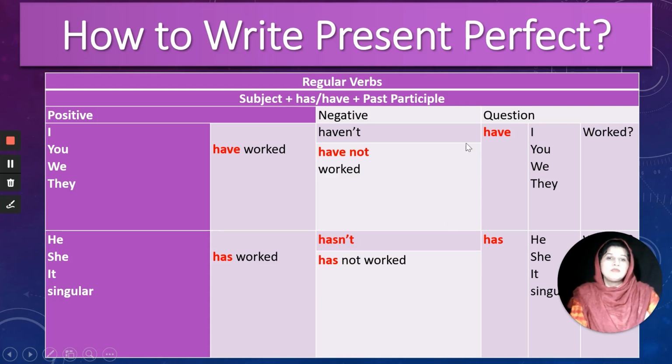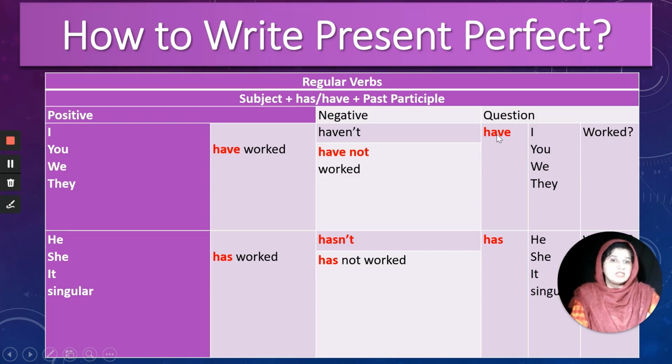So now we'll move towards the question statement, right? How we make the question statement in present perfect tense. So in present perfect tense, we always start the question statement with the helping verb, has or have. And then we give the subject, and after that, the past participle or main verb. Have I worked? Have you worked?